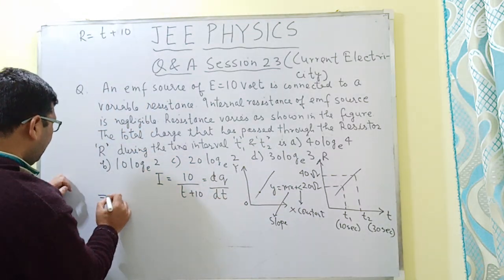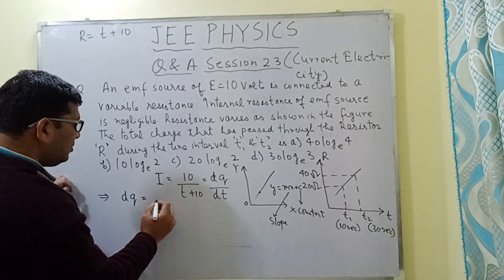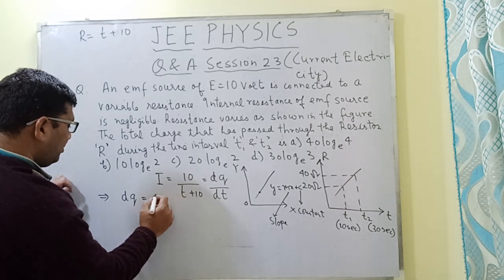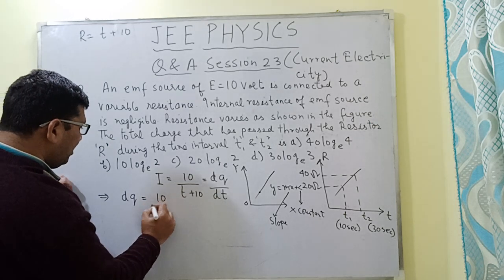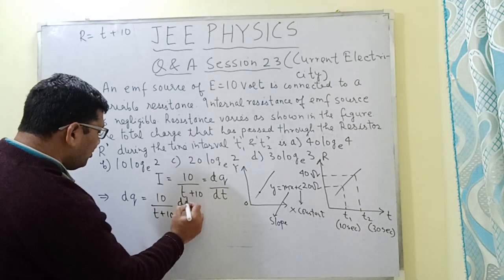Or we can say that dq is equal to 10 divided by T plus 10 dt.